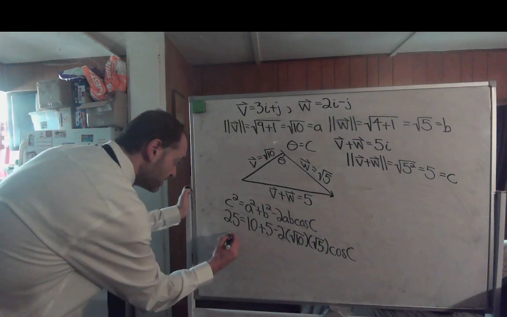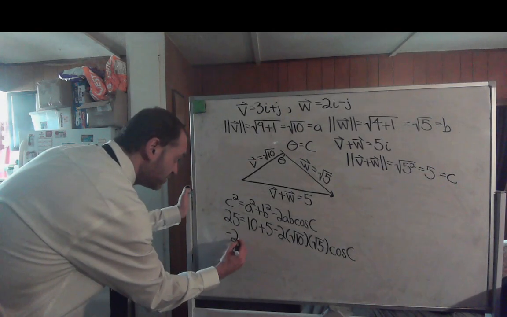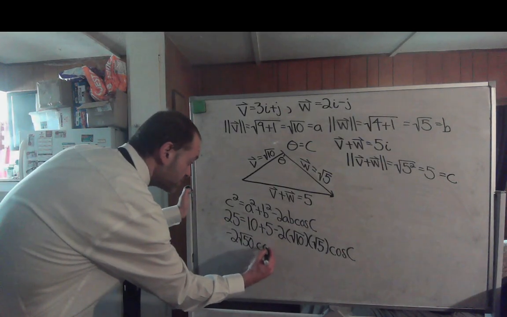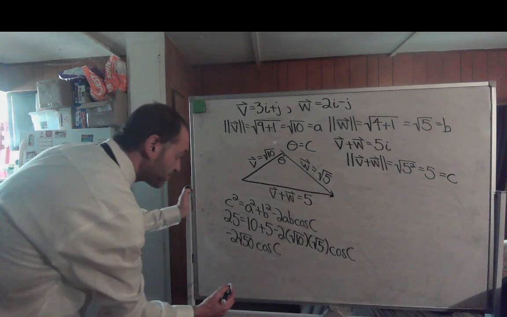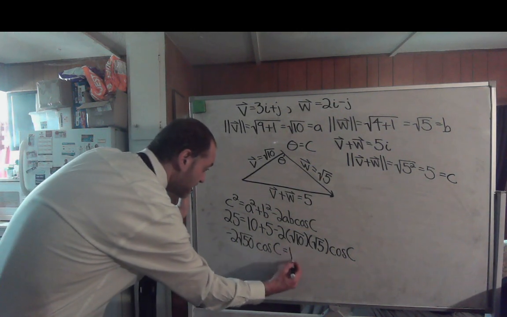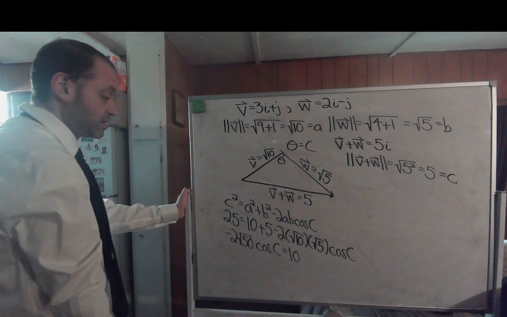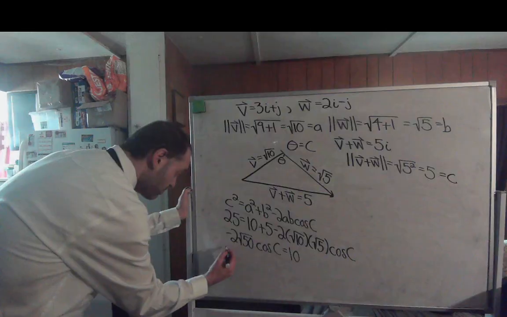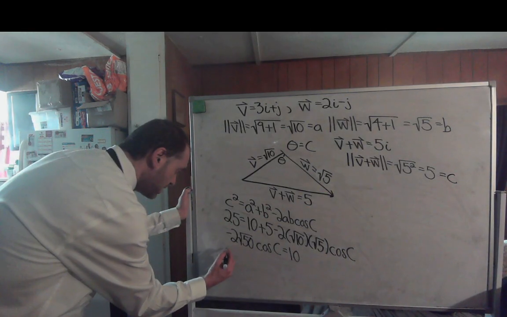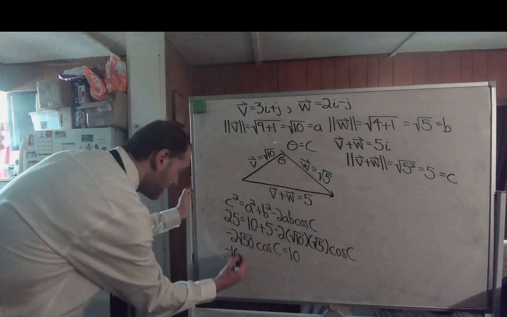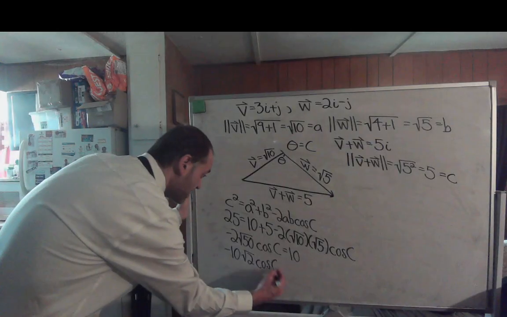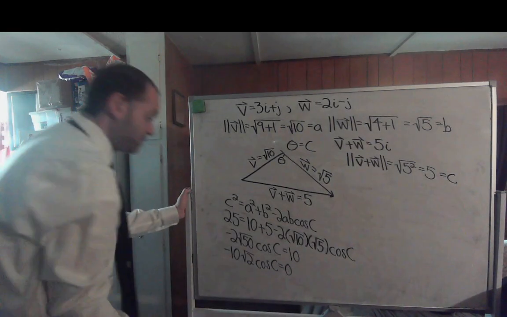So that would mean that negative 2 times the square root of 50 cosine of c equals 10. Let's see, so that would end up meaning negative 10 times the square root of 2 cosine of c equals 10.